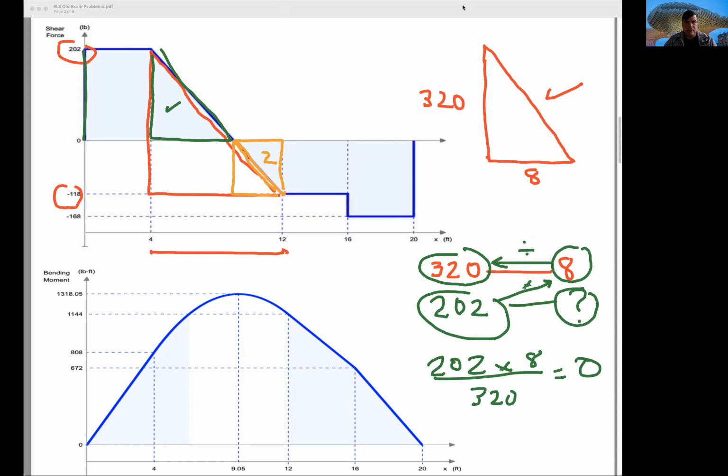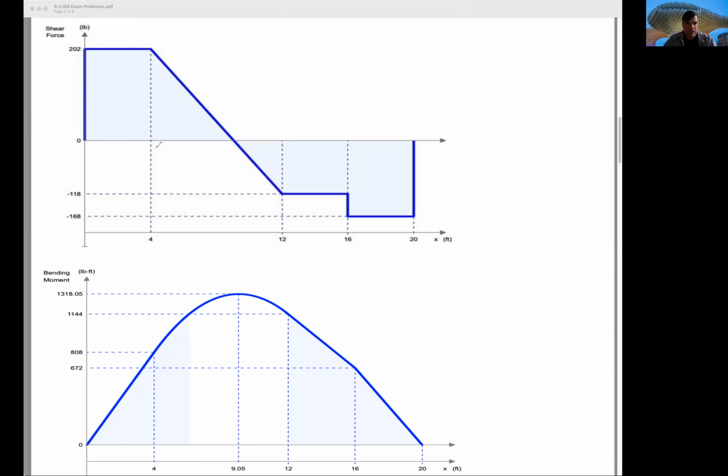Because I already have that number, let me erase everything. That is 5.05. I can calculate this area, 5.05 multiplied by 202, divided by 2, I have this rectangle. I already have this one. Well, I can just say 8 minus 5.05. But if 5.05 was wrong, then this area will be wrong. Well, I prefer to do this again.